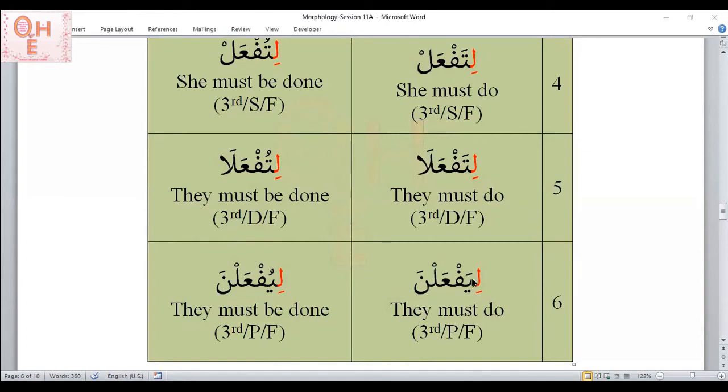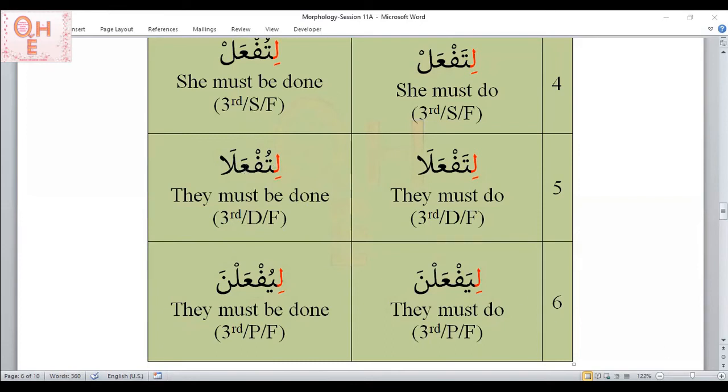So when the conjugation is stateless, it doesn't matter what particle comes at the beginning, there won't be any change at the ending condition. Okay, so this is liyaf'alna, doers are third person plural female, they must do. And for the passive, you can really tell that they are just changed by the passive conjugation: passive meaning and also the conjugation by the prefix with the dhamma and the second root letter with fatha.